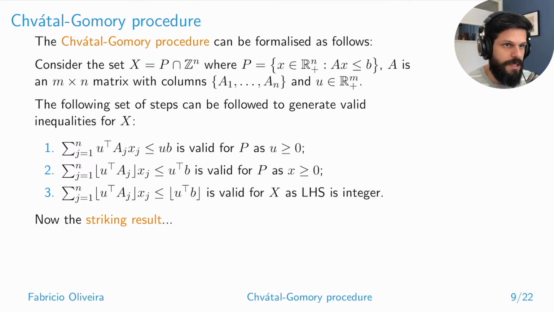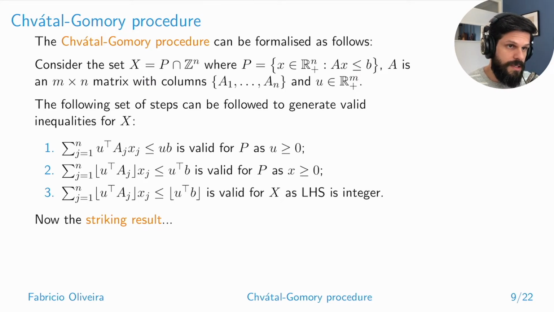So defining it a bit more formally, let's consider this set X, which is the intersection of the two once again. And then we have this matrix A, which is an m by n matrix with columns like so. And we have a collection of non-negative weights, one for each row of A, one per constraint.